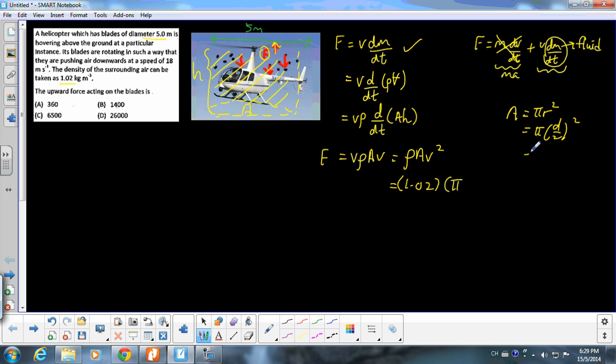So it's pi times the diameter, which is 5, squared, over 4. What about the v? The v is 18 squared.